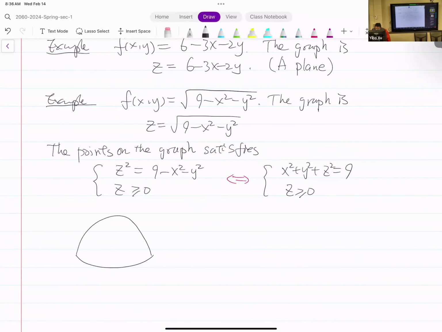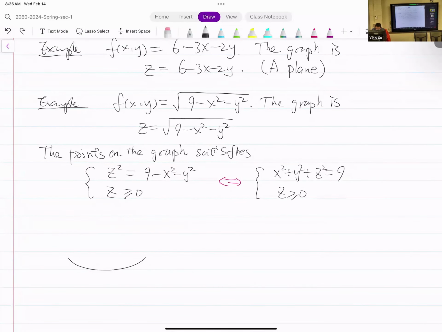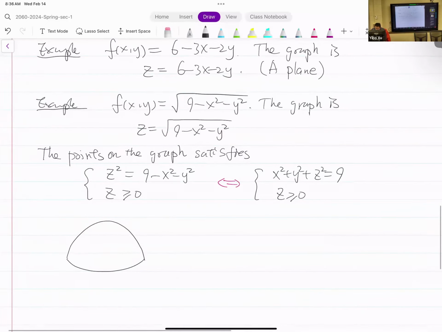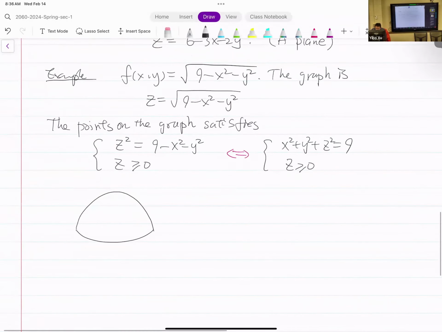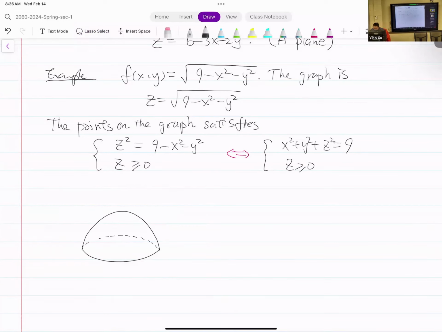So if we want to sketch, okay, so this looks kind of ugly. So let's say this is the shape of the sphere. Then graphically speaking, we just have the upper half. So the bottom is the circle with a radius of 3. Actually, I want to make the things dashed underneath the x, y axes.